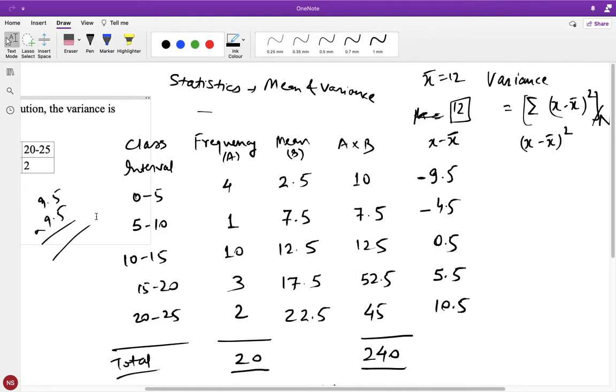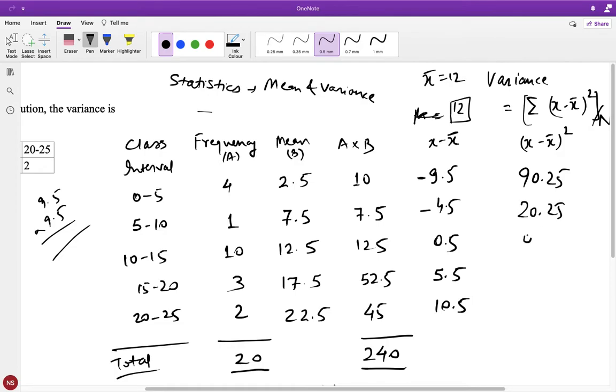So 9.5 times 9.5 is 90.25. 4.5 square is 20.25.